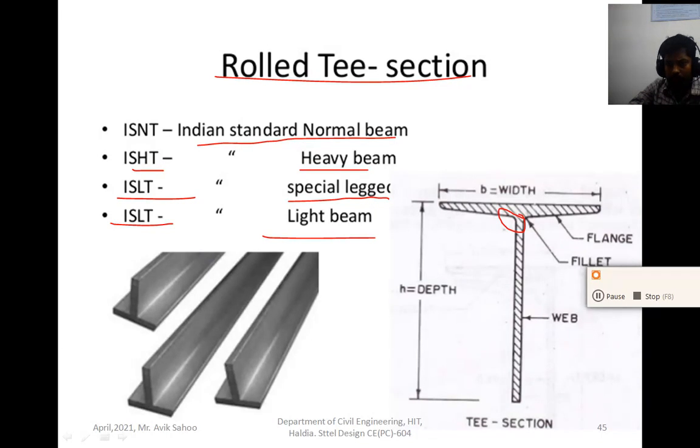The fillet portion and the tapered flange portion are curved, and it is symmetric about the y axis and unsymmetric about the x axis.